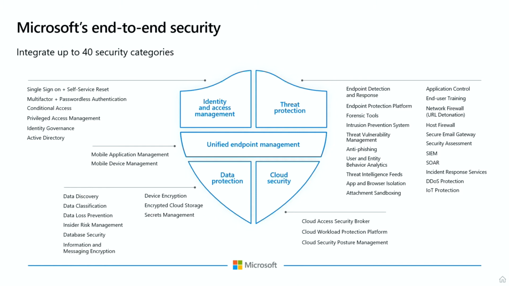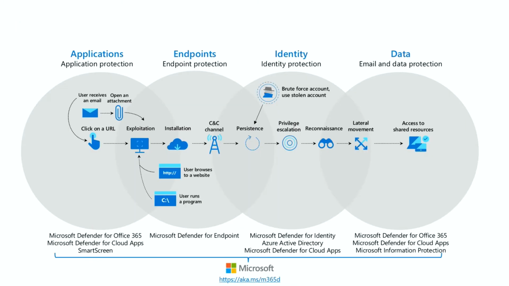Now we have Device Manager, protecting your data with AIP and DLP and encryption, to the threat protection response for your email, your data, your cloud data, your endpoints, etc. So it's just showing that full end-to-end protective capabilities.